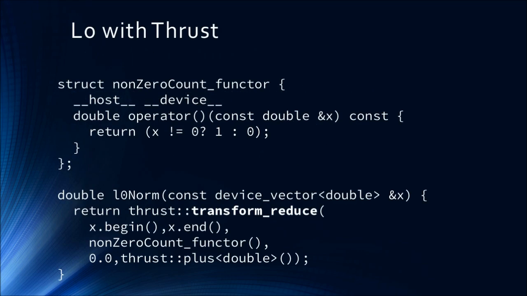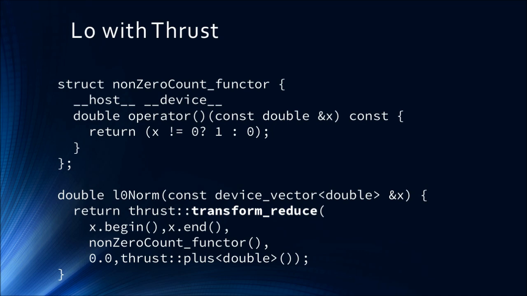Now, to move forward, you've got to learn how to do the L0 calculations with Thrust. Thrust is the C++ template library that's open sourced, and NVidia redistributes it as part of CUDA. So, really cool thing with Thrust is you write these functors.